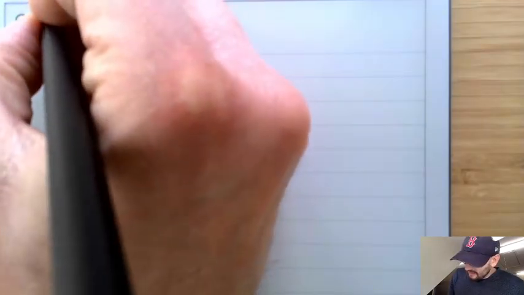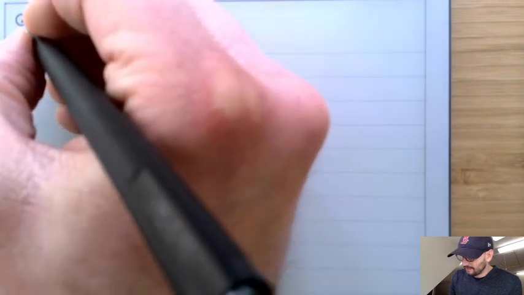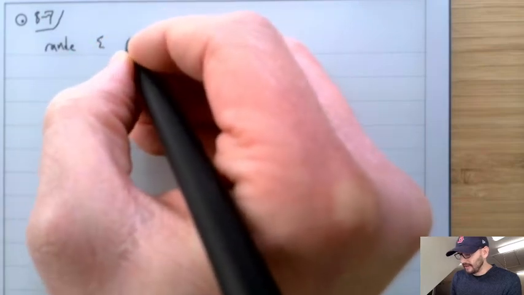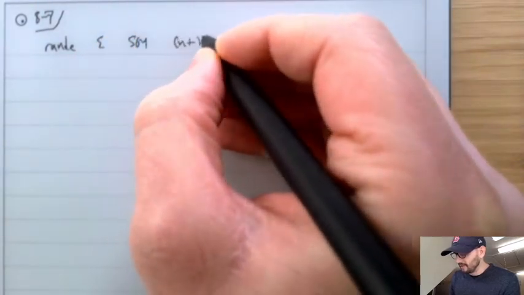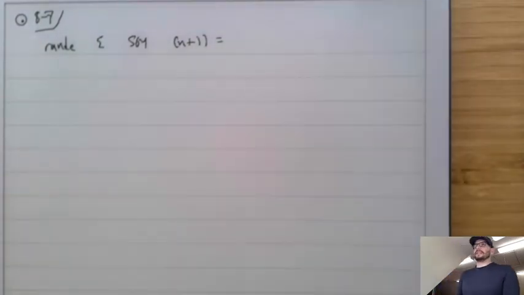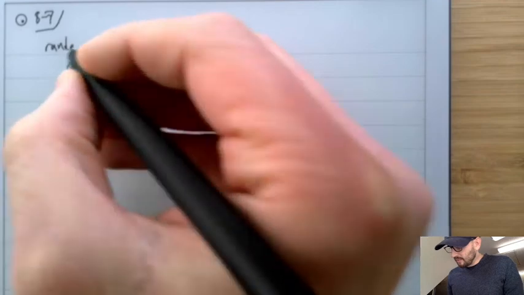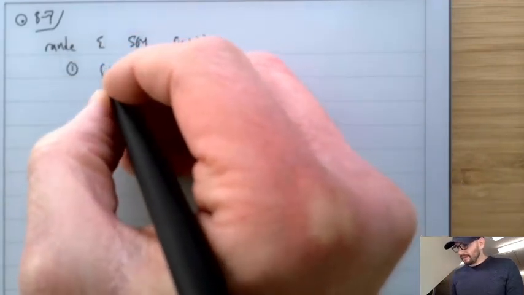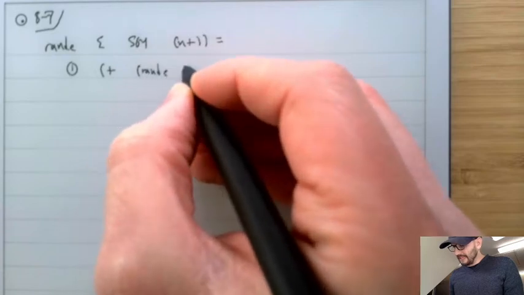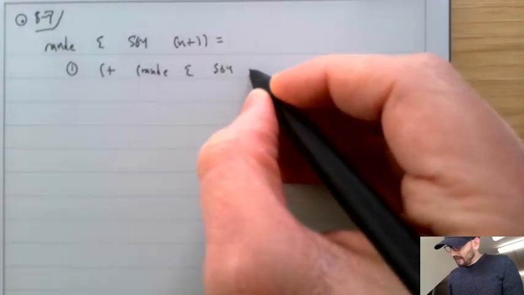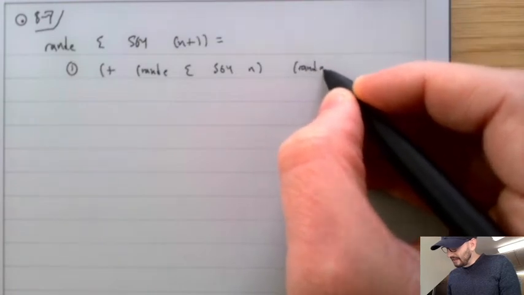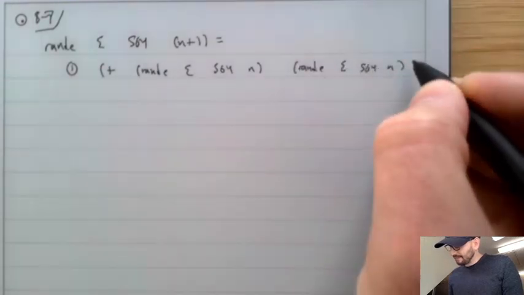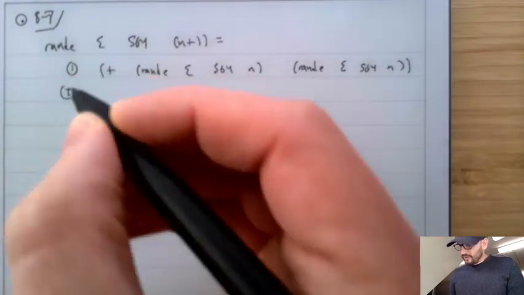What is the case for when we call rand E with sigma and an S64 and n plus 1? Well, there are similarly 3 different possibilities. We could do option number 1, which is that we could do an addition of a rand E of sigma, S64, and n, and another rand E sigma, S64, and n. Okay. We could also do a let.